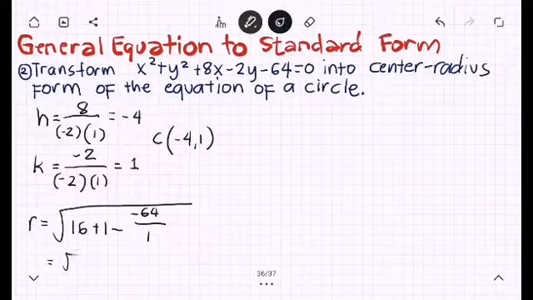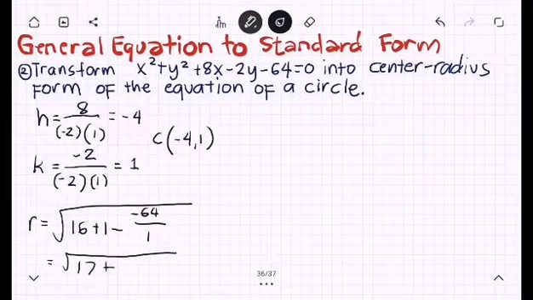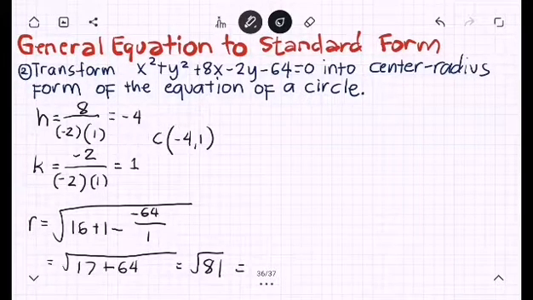So we have 17. So negative times negative, we have positive 64 plus 64. So i-add lang natin, 17 plus 64, we have 81. Square root ng 81, or principal root niya is 9. So, meron na tayo kaagad radius na 9 units.